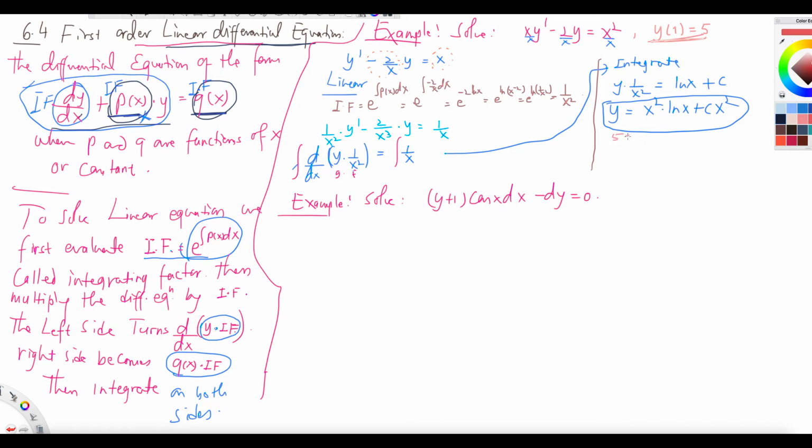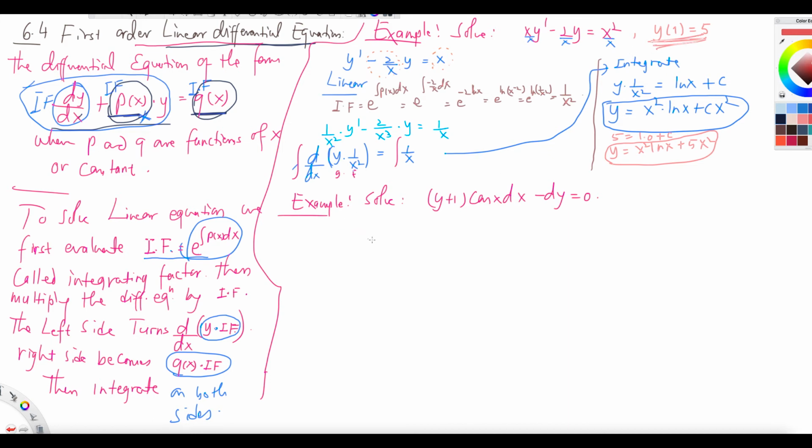That means 5 equals 1 times 0 plus c, so c is 5, right? And what would be the final answer? The final particular solution at that time will be y equals x squared natural log of x plus 5x squared. So you need to find that if the initial condition is given like that. Okay guys, all right?